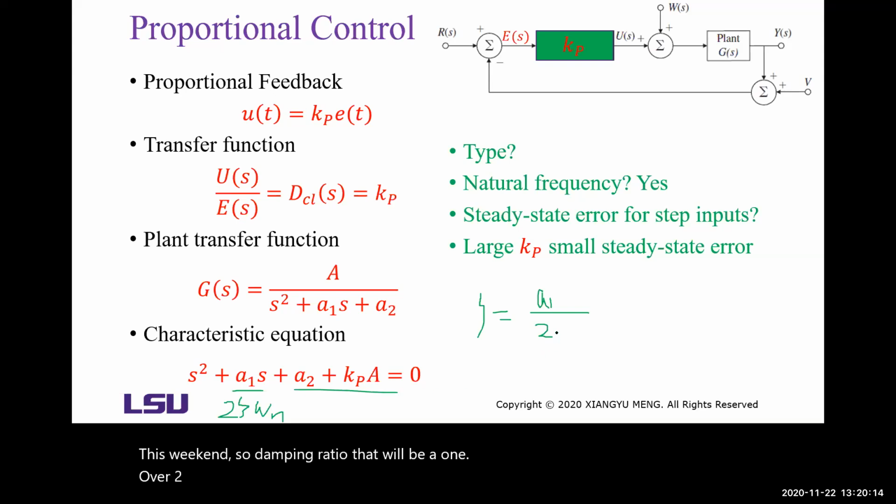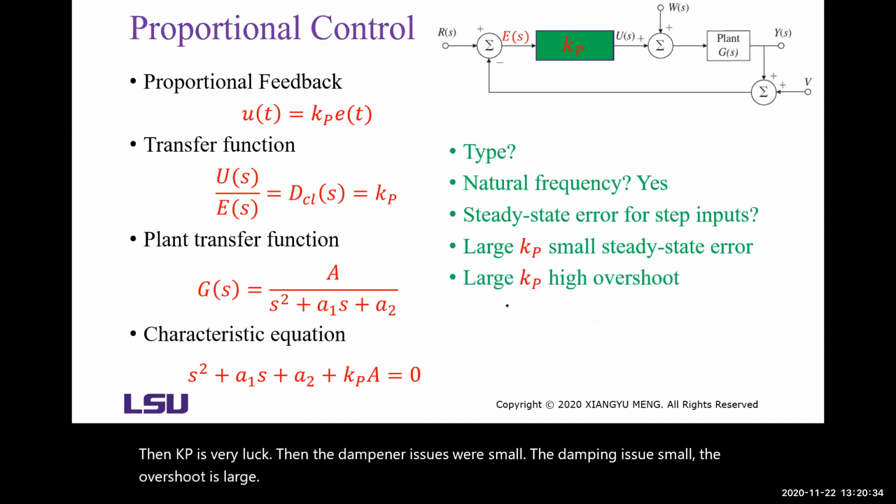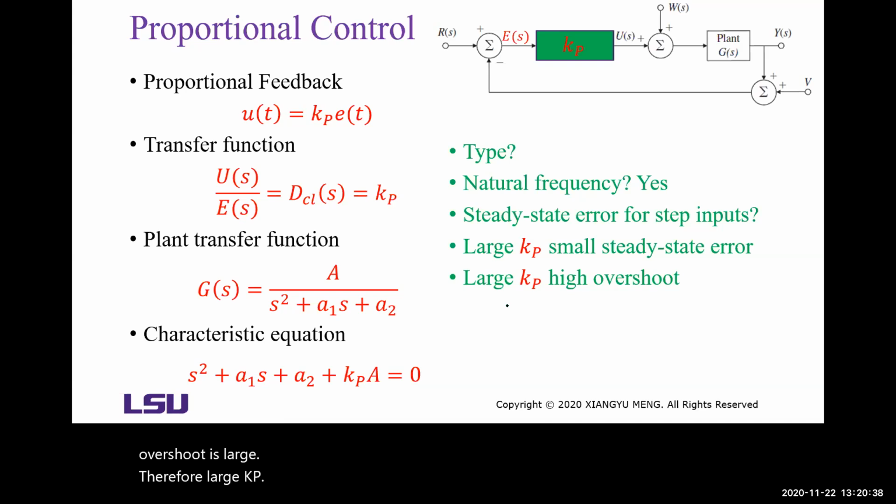Here omega n squared is A2 plus Kp A, so omega n is its square root. When Kp is very large, then the damping ratio is very small. When the damping ratio is small, the overshoot is large. Therefore, large Kp will make the transient performance have a very high overshoot.